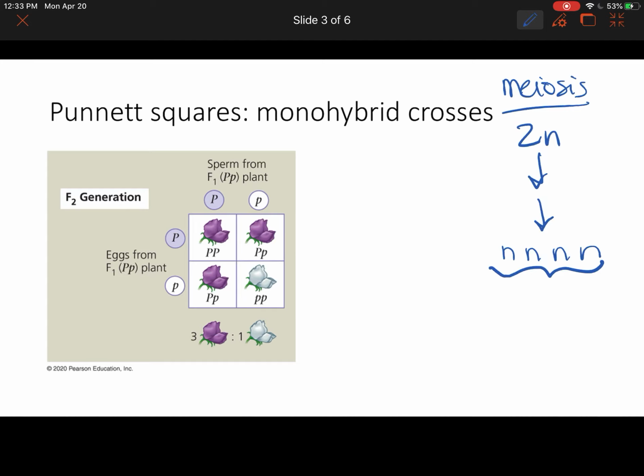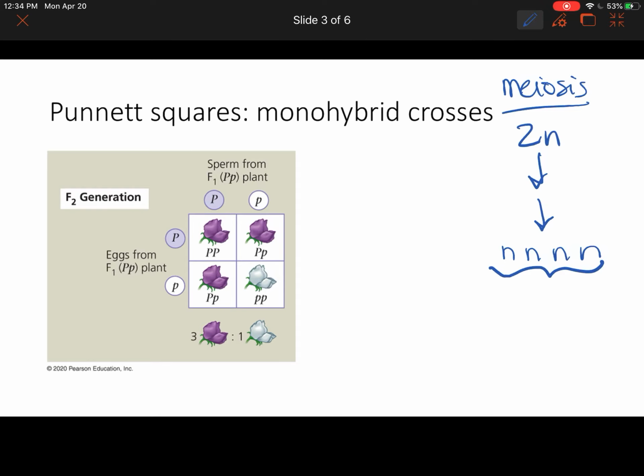So each of these gametes is haploid. Well, the original parent cell started off as diploid, and so the 2 different homologous chromosomes segregated or sorted independently into the daughter cells. Okay, so Mendel's law of segregation is the same thing as independent assortment in meiosis.